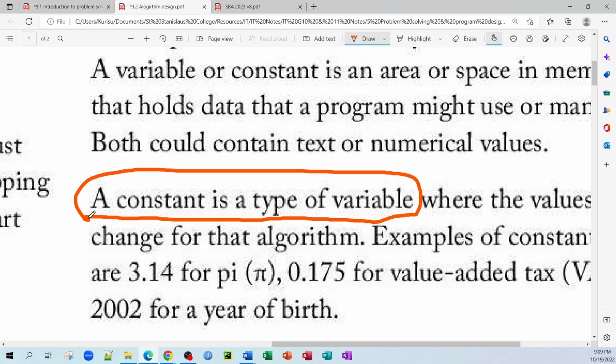So what that basically means is that we already know a variable is a container that stores data and that is going to change throughout the program. So if a constant is a type of variable, that means a constant is a variable, but instead of changing throughout the program, we are going to let it keep its value throughout the program.